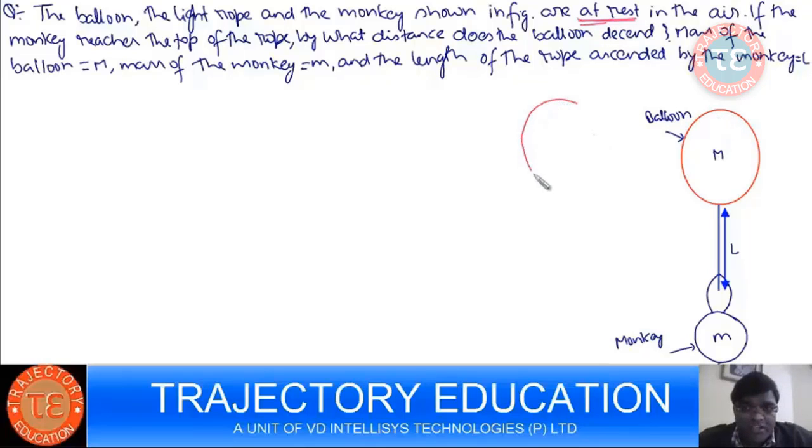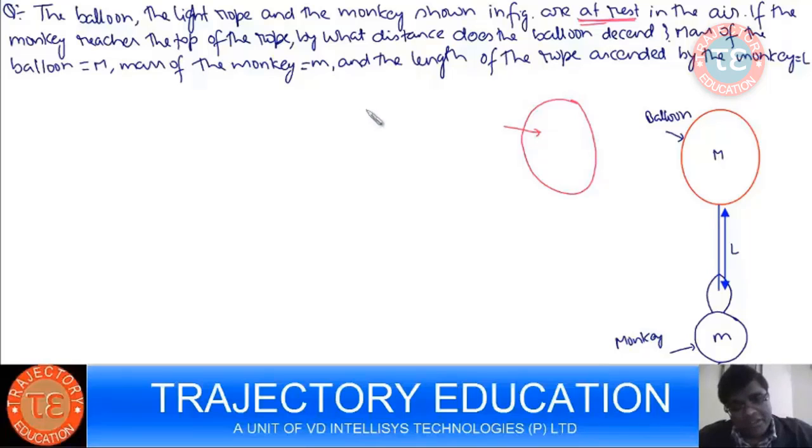The balloon must be containing a gas lighter than air. If you want the whole system to be at rest, the balloon must contain a gas lighter than air. What is the molecular mass of air?